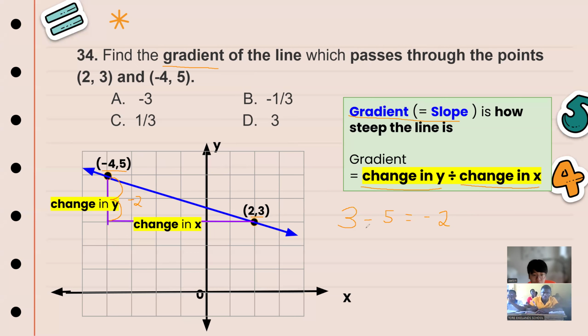How about the change in x? So we had 2, this point, minus -4. This becomes 2 plus 4, which is 6. So you can see it moved 6 tiles. 1, 2, 3, 4, 5, 6. This is plus 6. That is the change in x.